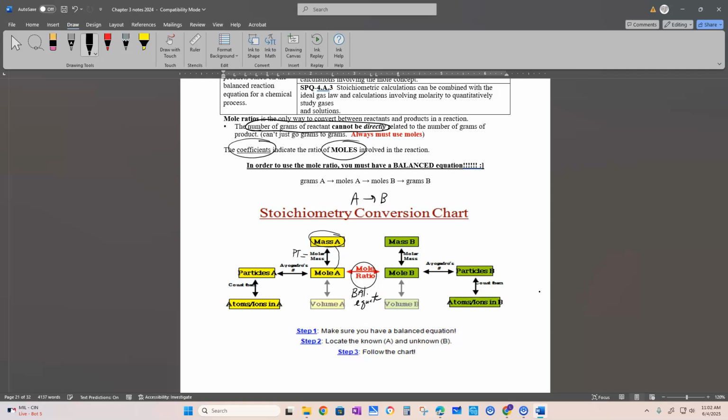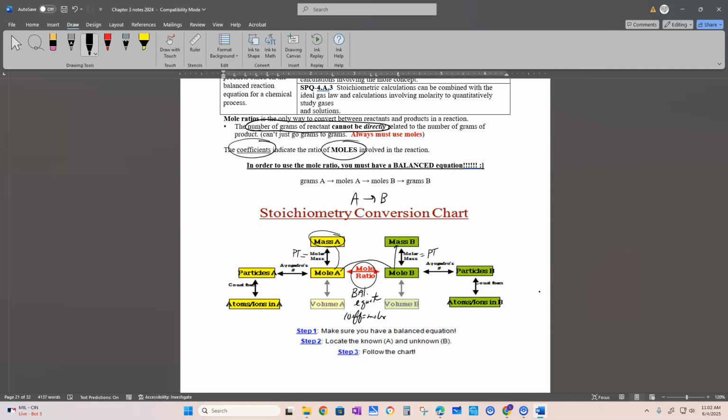In my balanced equation, the coefficients are the moles. So I just need to look at the balanced equation and only at that point. Then once I cross the rainbow to get to mole B, I'm going to go back up to mass, and I need the periodic table again.